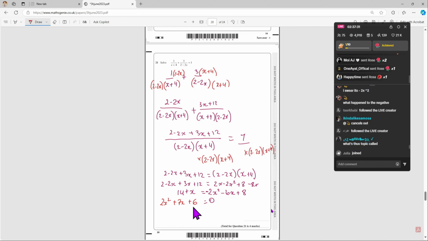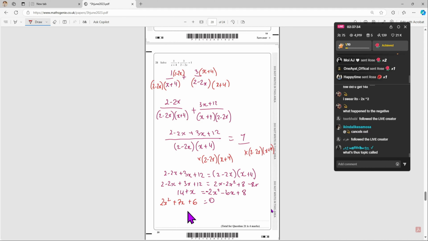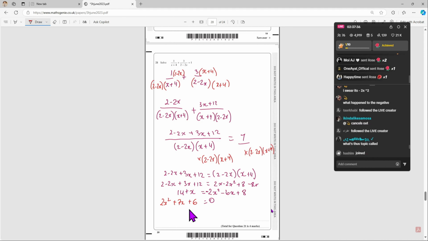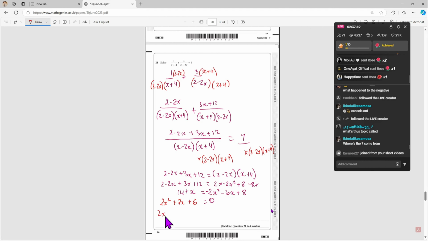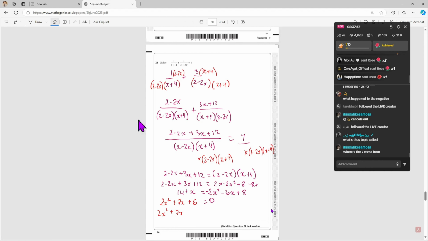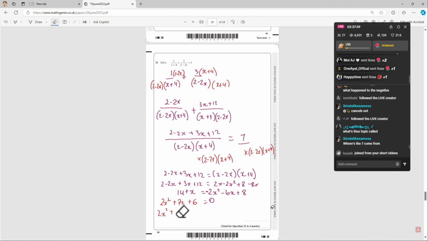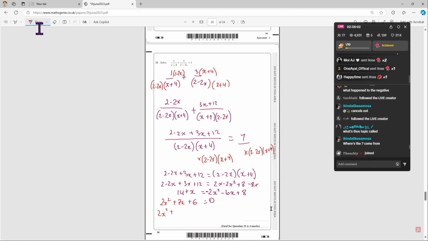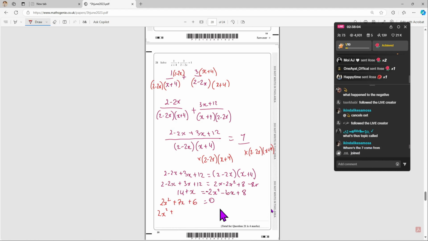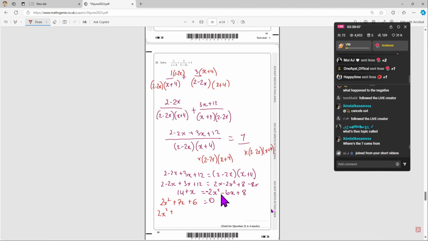We're going to use our AC method to factorize this. This topic is called algebraic fractions. So we have 2x squared plus 7x. Where does the 7 come from? It comes from x plus 6x, because when we move to this side we do the opposite, to get 7x.